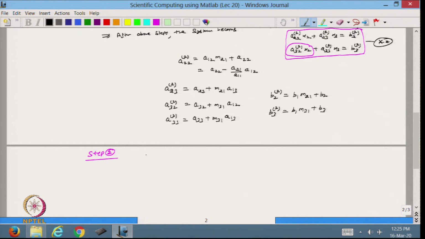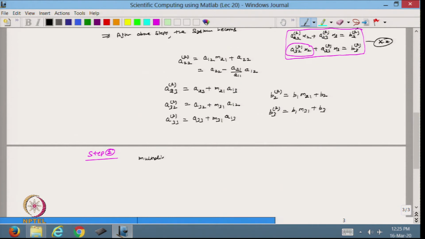In this case, I will define my new multiplier M32 because I want to make this element 0. So, that will be minus A32 divided by A22, whatever we are getting at this step.